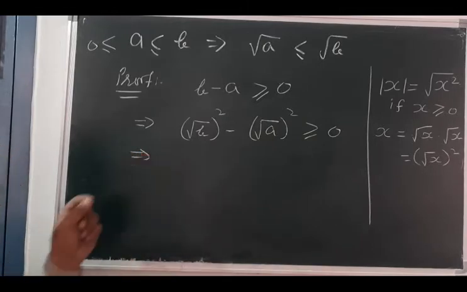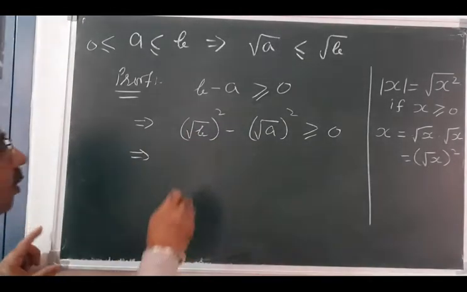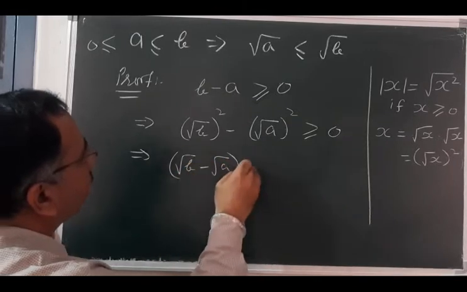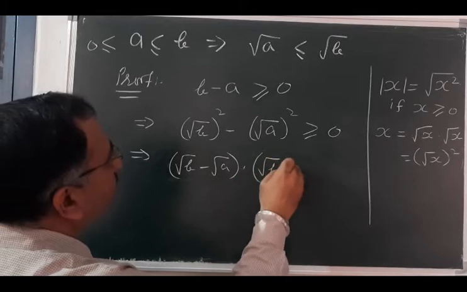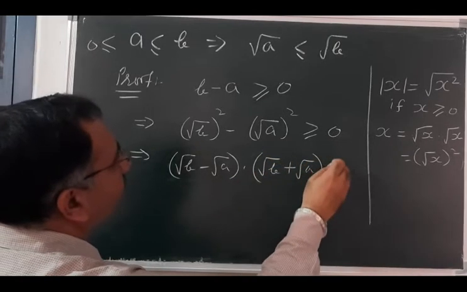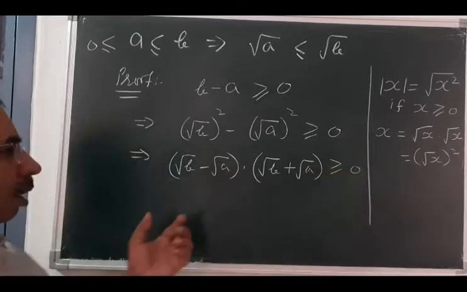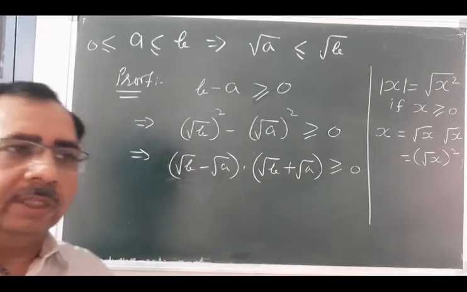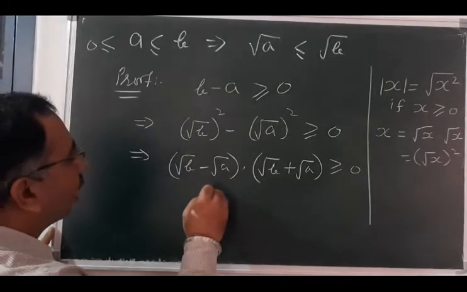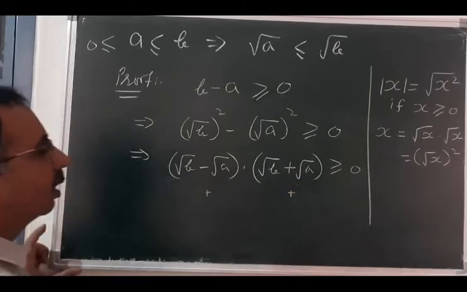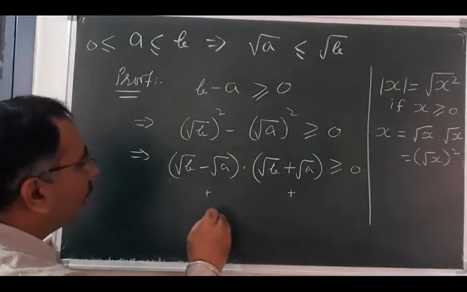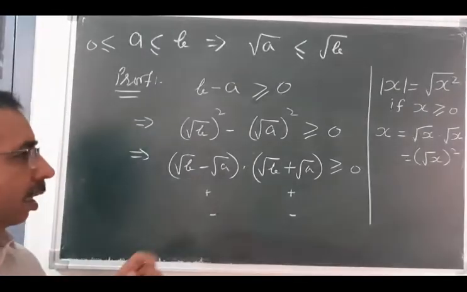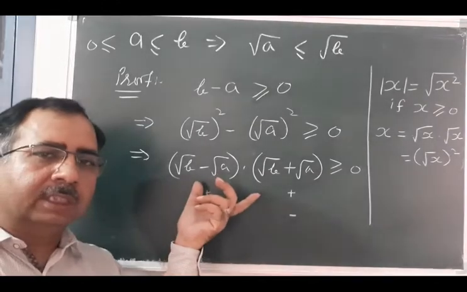So this implies that in b minus a, that is, root b squared minus root a squared, we can make two factors: (root b minus root a) into (root b plus root a) is greater than or equal to 0. The product of two things is non-negative. I have already shown that either both of these things are positive or both are negative, and equality will hold if one of these is 0.